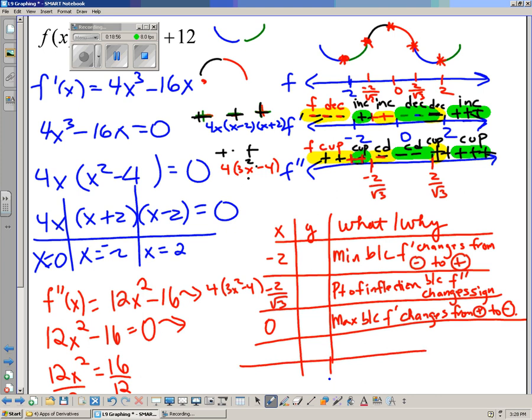Next important x value is positive 2 over root 3. And that is not a min or a max, but it's a point of inflection because the red sad face curve meets up with the blue happy face curve. So we have a point of inflection, which I'm just going to abbreviate as POI, because f double prime changes sign.